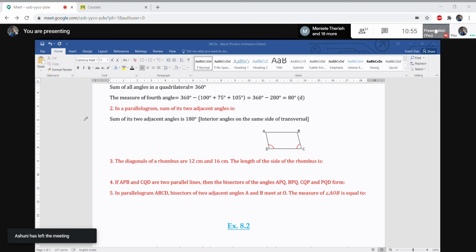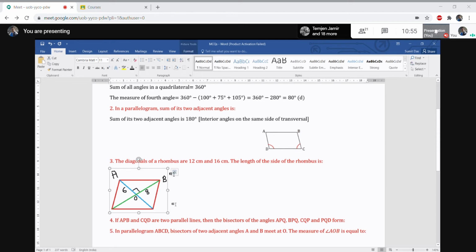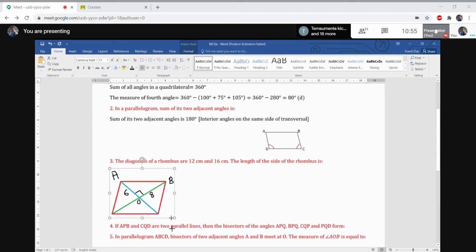16 and 12, so it will be 8 and 6. Okay, you can see my diagram is this.